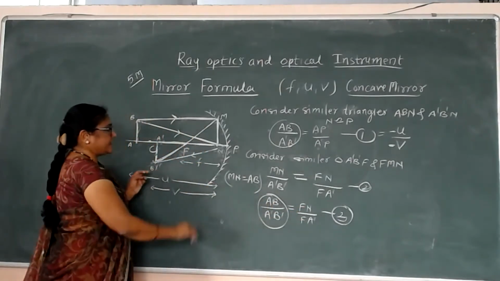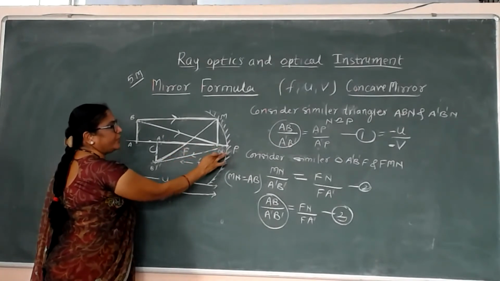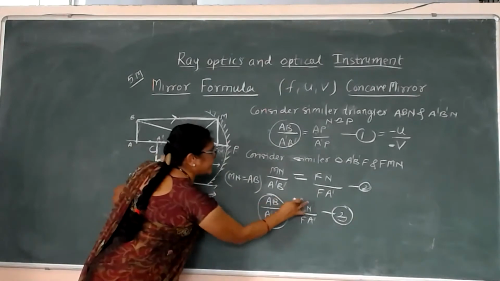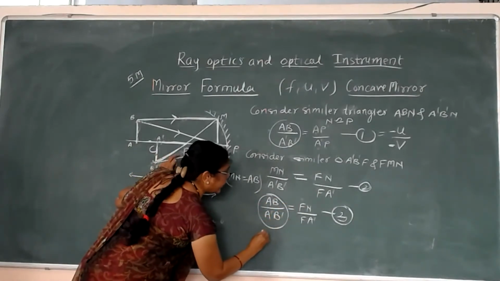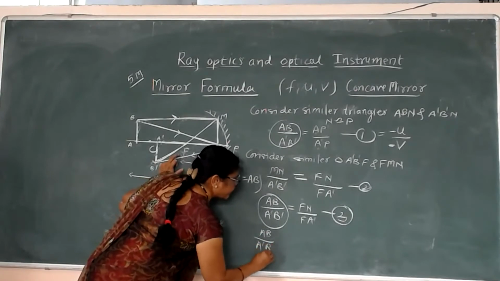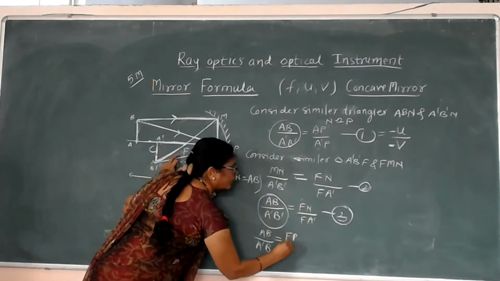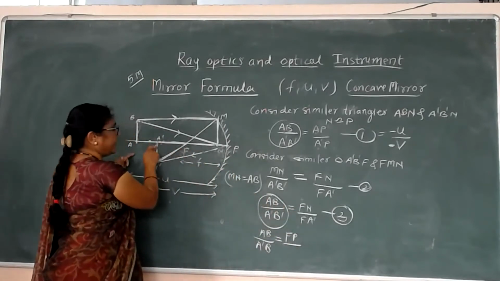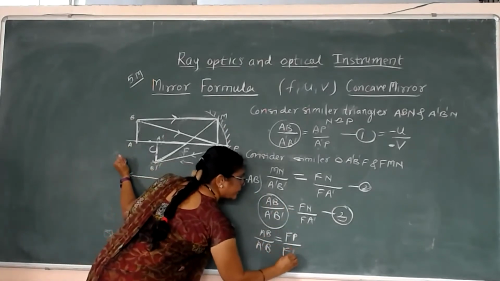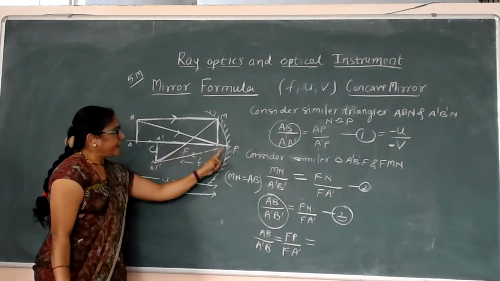See the distance FN. FN is nearly equal to FP. So AB divided by A dash B dash is equal to FN, which is very close to the pole, divided by FA dash.